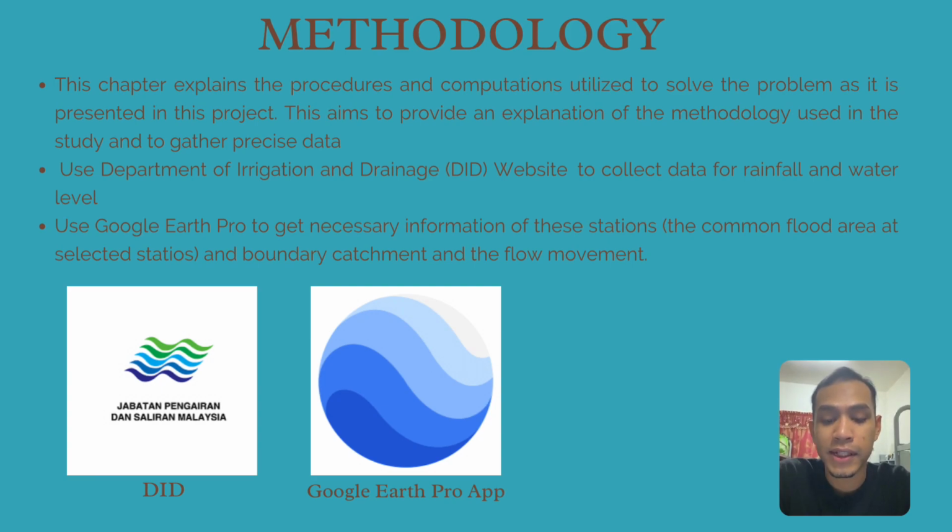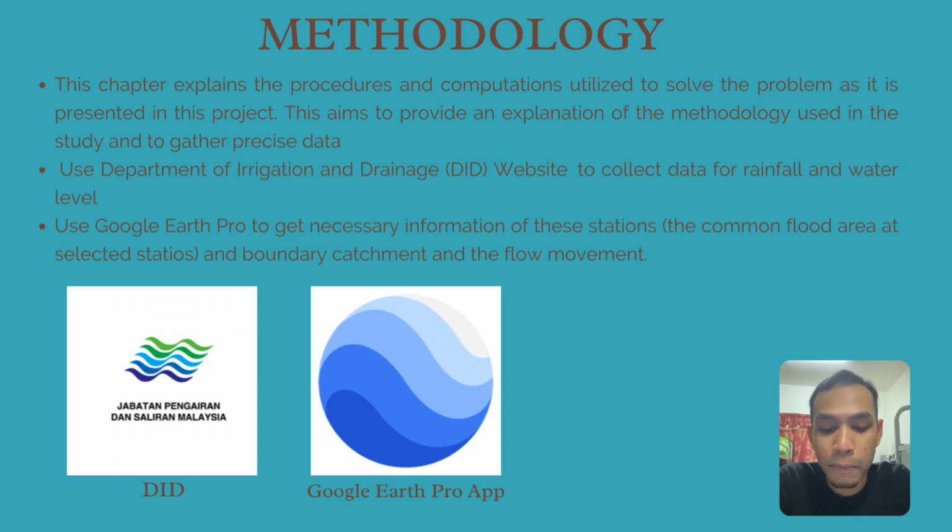Methodology. This chapter explains the procedure and computation utilized to solve the problem presented in this project. It aims to explain the methodology used in the study to get precise data. We use the Department of Irrigation and Drainage DID website to collect data for rainfall and water level.